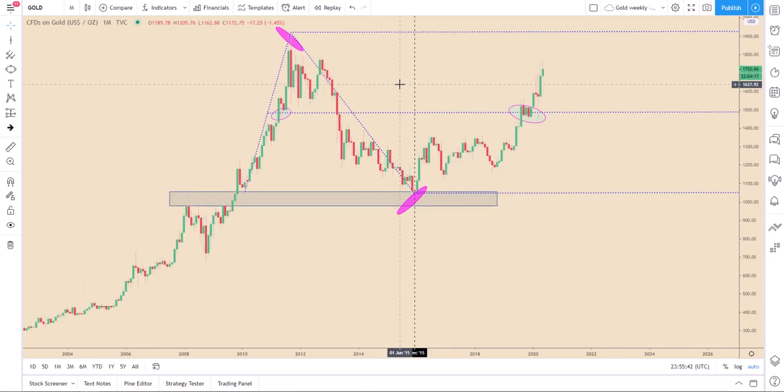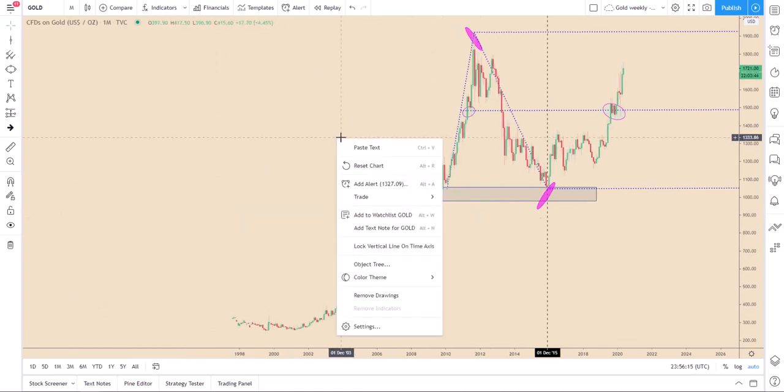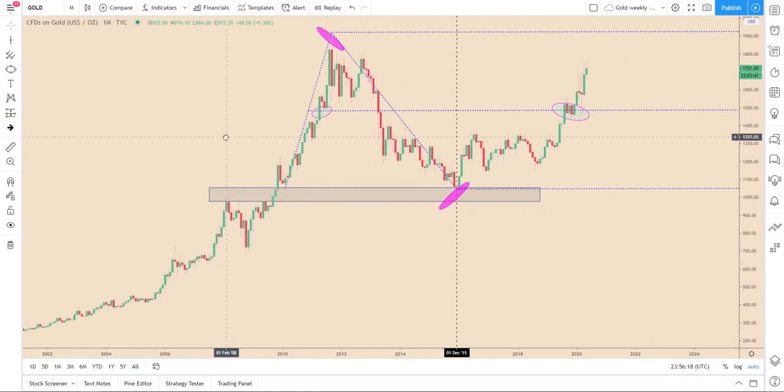So what we have done here is we started with an Andrews pitchfork drawn from three pivot points, price points, and the first two, these pink ellipses, as I was saying, those two pivot points caught my eye immediately in this price chart after I drew this horizontal support resistance level.